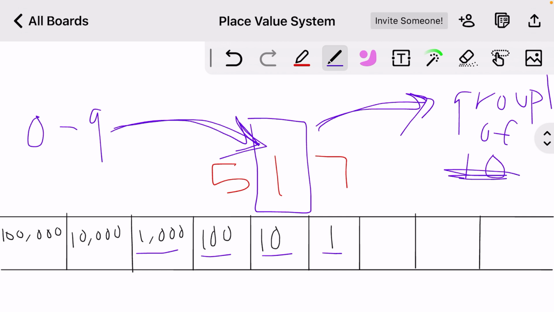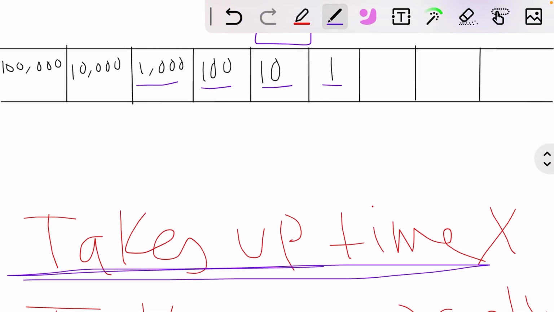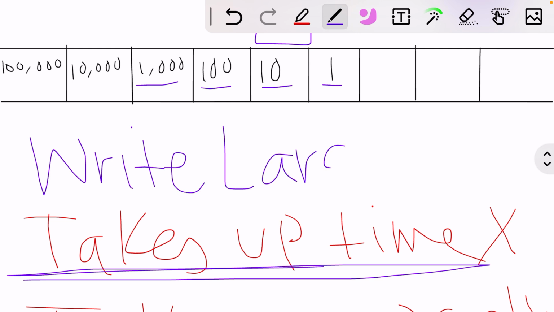So just following along with this type of notation and reading, of course, left to right, our ancestors, again, 10,000, 20,000, 50,000 years ago, they were able to do what with this? First of all, they were able to write large numbers, which is really important.